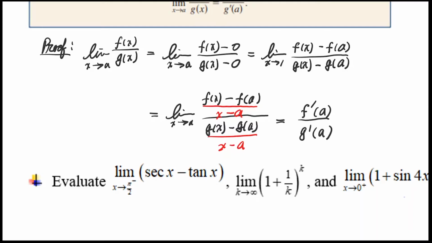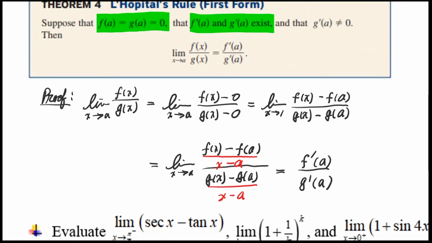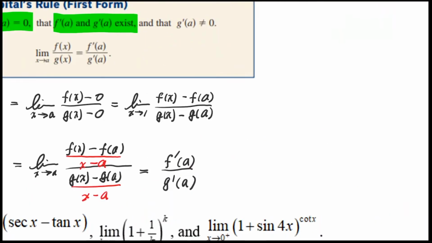Yeah, Mr. Kim, so how do we prove it when the actual value is infinity, which is another possible situation? You're going to have to trust me, but I'll explain the idea behind this.